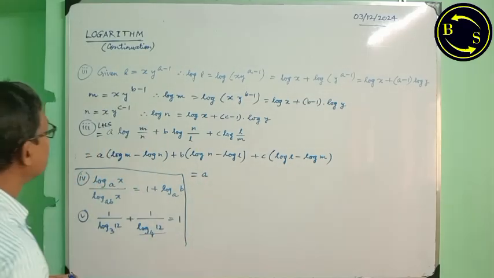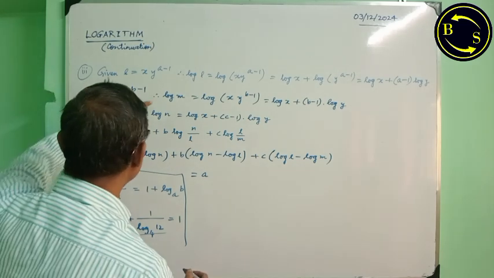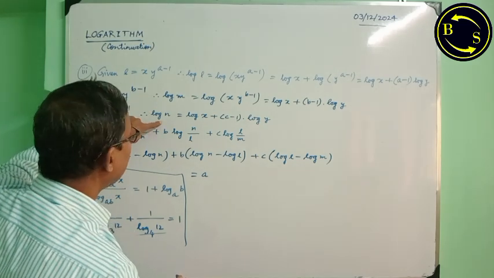Now we put the values of log m, log n, etc. Now log m minus log n.